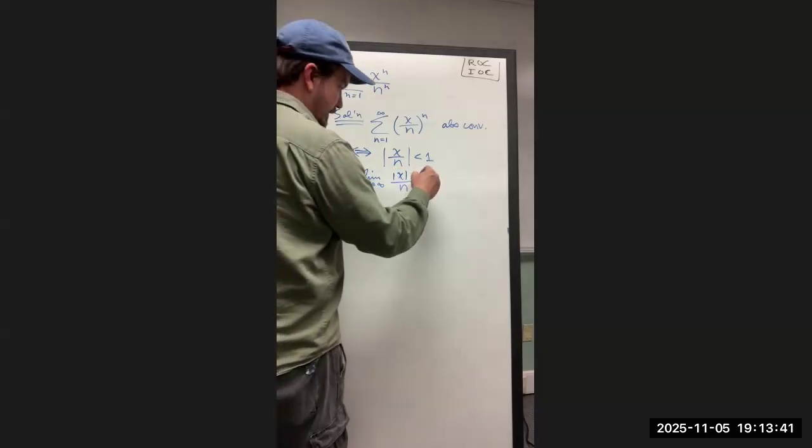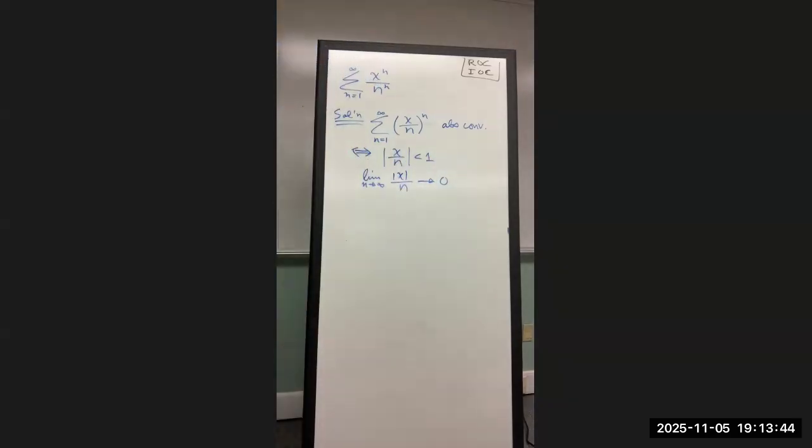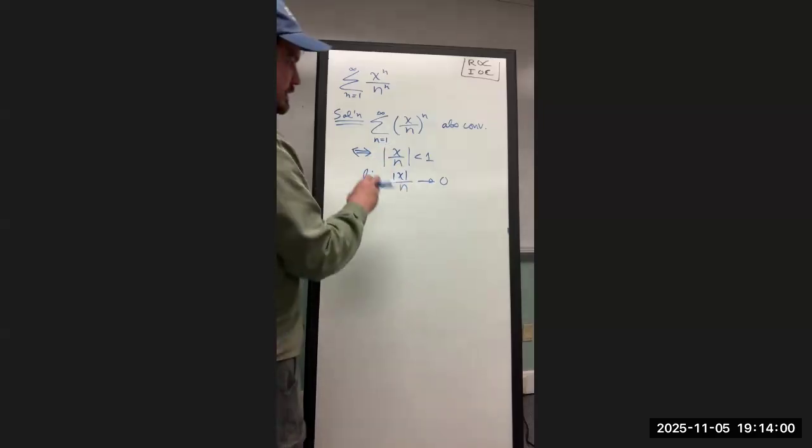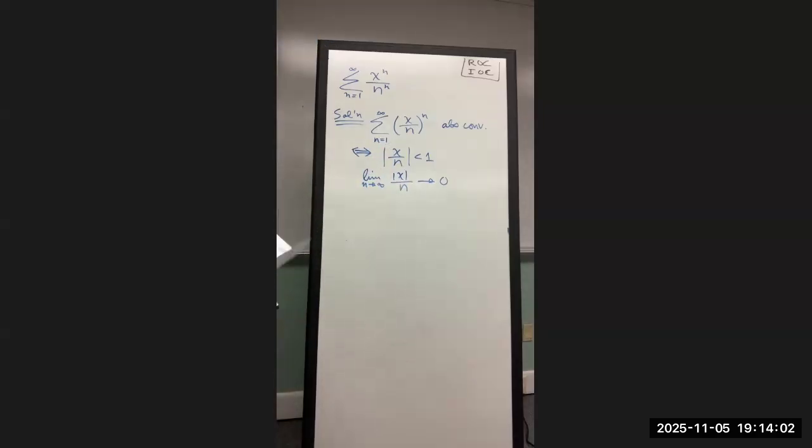And if I do that, this clearly goes to 0. Right? This must hold for all n. Therefore, if I look at the limit as n goes to infinity, it must be true, and indeed it is true, because the whole thing goes to 0. So it's completely independent of the choice in x, in other words.